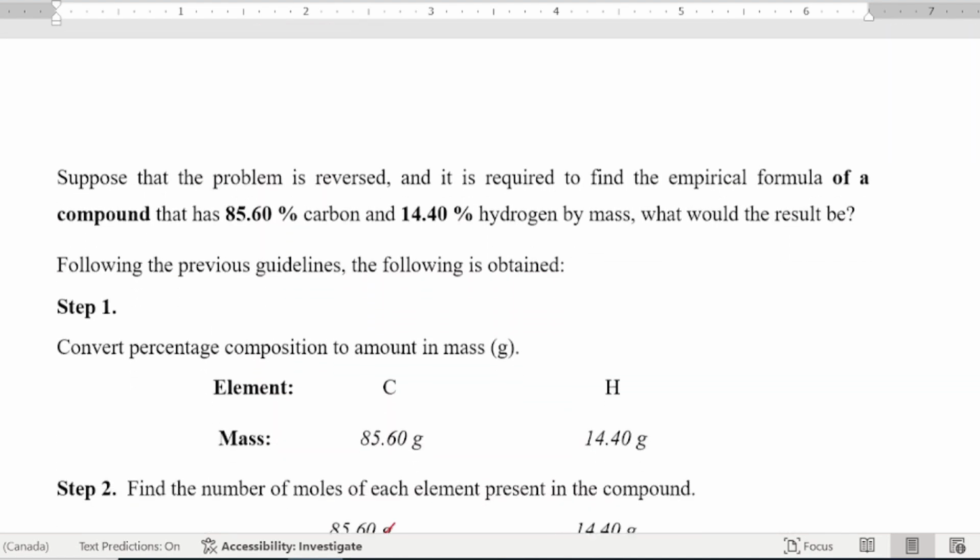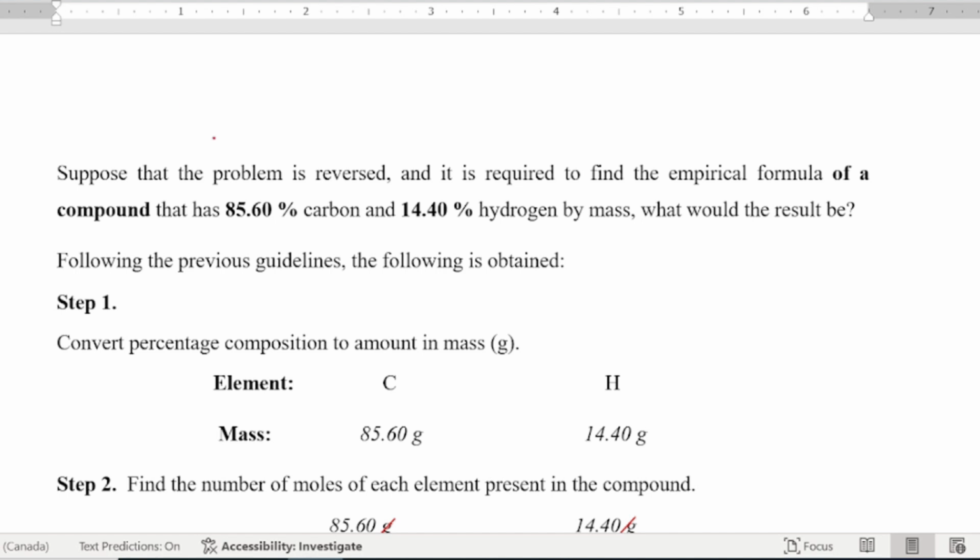Okay, now they're showing you here what you do. So you have that percentage composition there. What will be its empirical formula? Let's say you didn't know its empirical formula, but they say a compound has these percentage compositions by mass. How do you know its empirical formula?